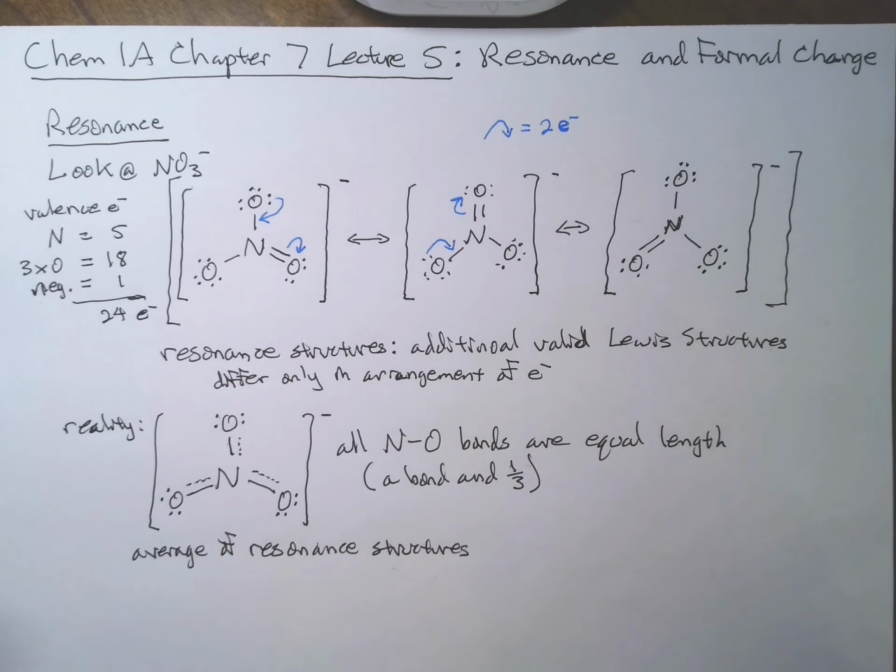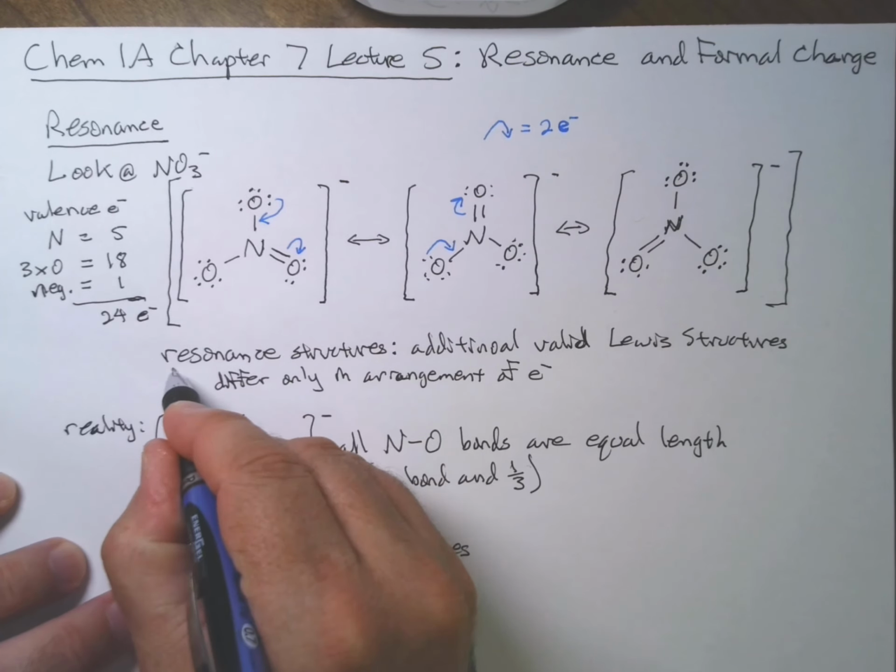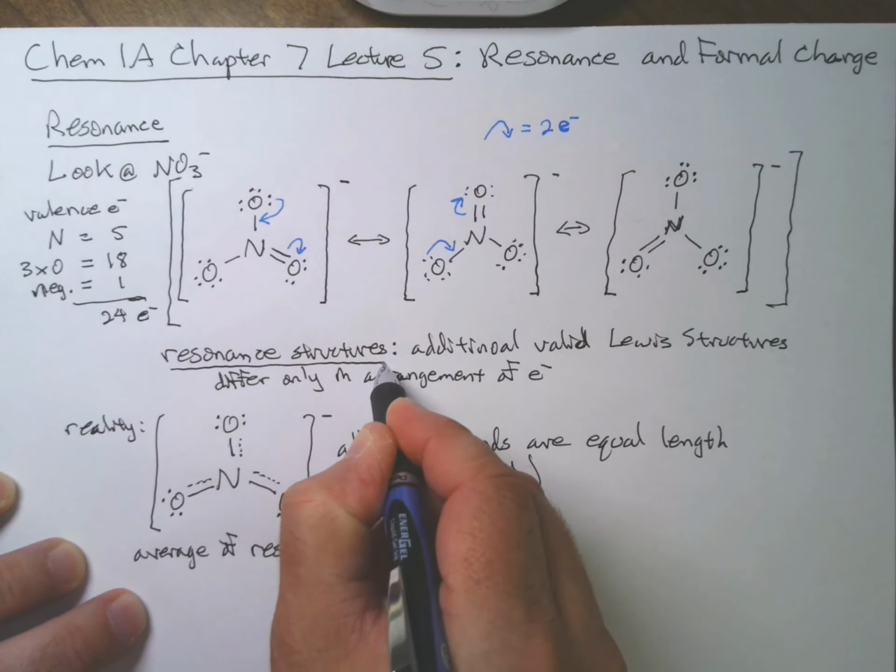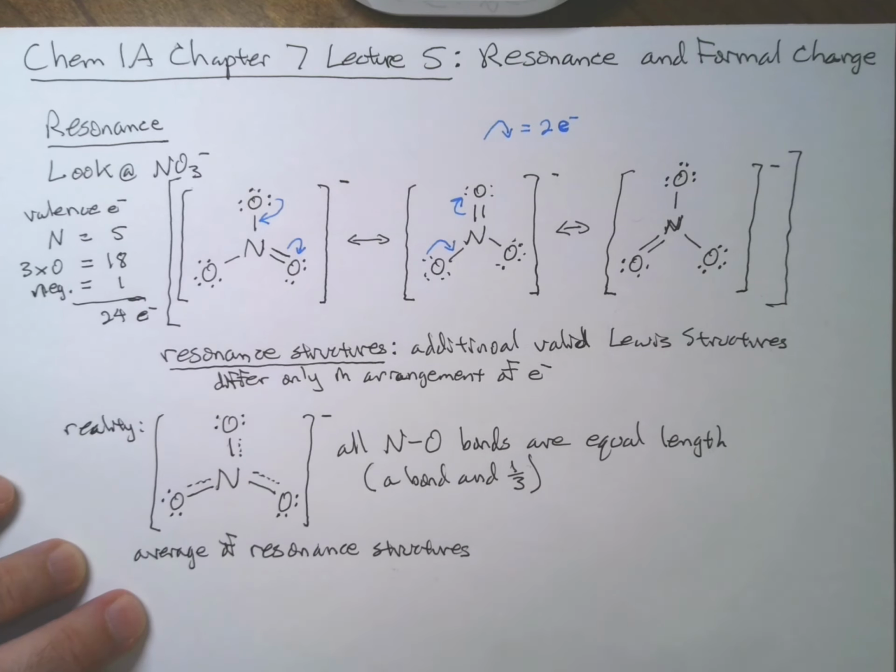Now we need this concept of resonance in order to compensate for the fact that we are localizing our electrons. That's our big assumption in the localized electron model. All right. Let me just underline resonance structures and the definition here.